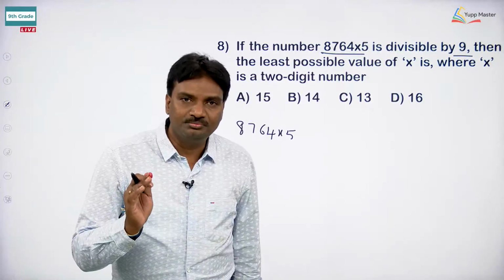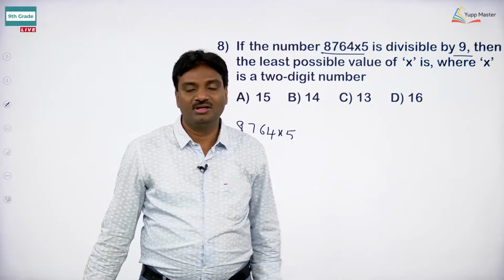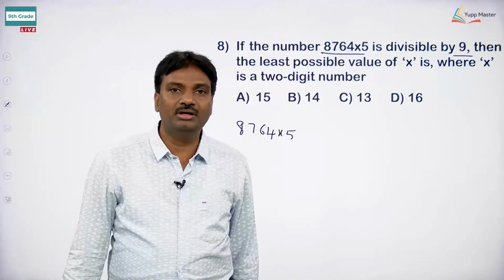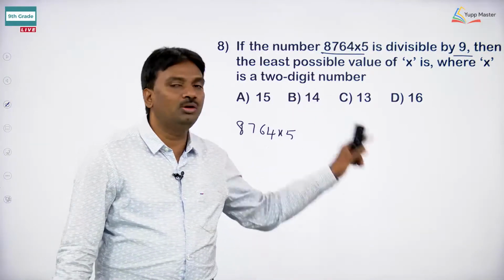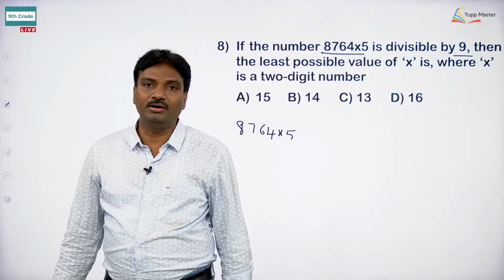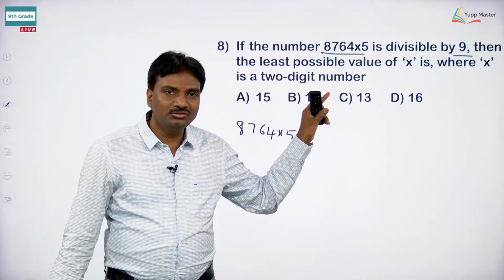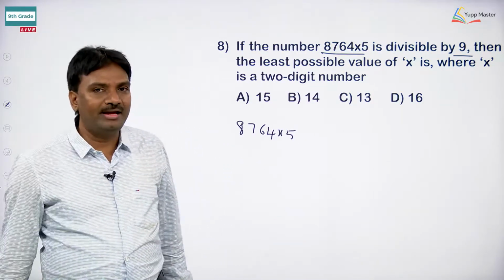To solve this problem, we must know the divisibility rule of 9. If we don't know the divisibility rule of 9, then we are not able to solve this problem. So that's why we must know the divisibility rule of 9. So what is the divisibility rule of 9, dear students?